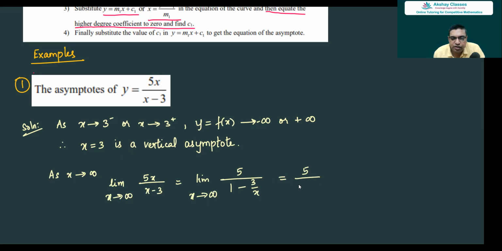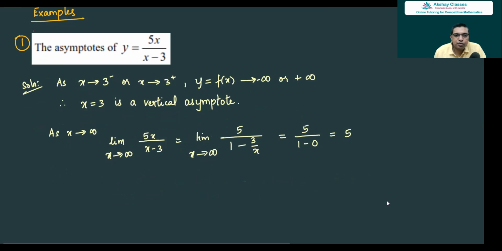So as x tends to infinity, 1 by x tends to 0. So it goes to 5.